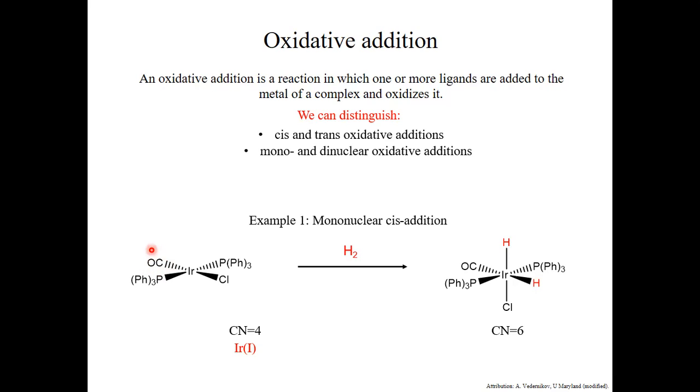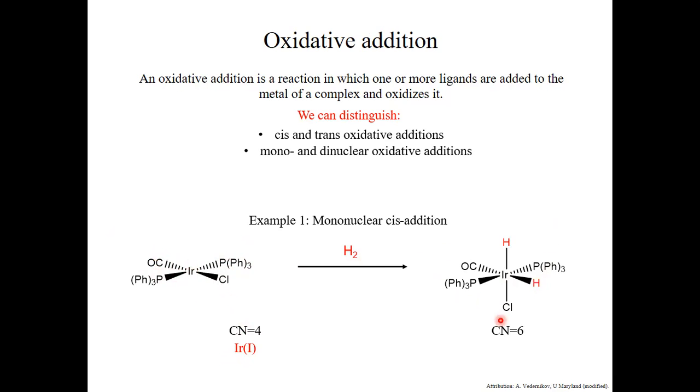Then there is a carbonyl in addition, and that makes 16 electrons. That's the electron counting, but how do we get to the oxidation state? Well, the carbonyl is neutral, the phosphines are neutral, but the chloro ligand is anionic. So overall, the complex is neutral, and therefore the iridium must have the oxidation number +1.